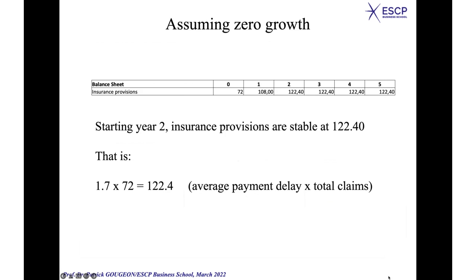The amount in hand, which can be invested by the insurers, the insurance provisions, the insurance funds as we sometimes say, depends not only on the amount of premiums received, but also on the time lag between the moment when premiums are collected and when claims are paid. The longer this is, the higher the amount of money in hand.